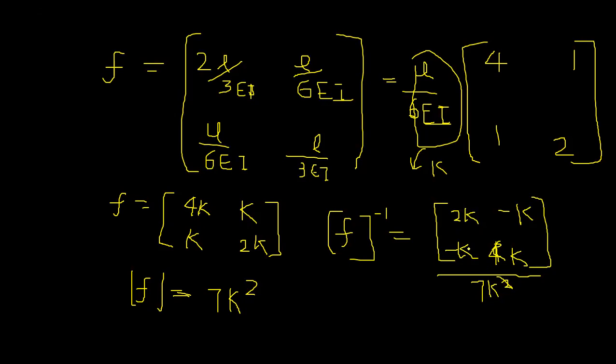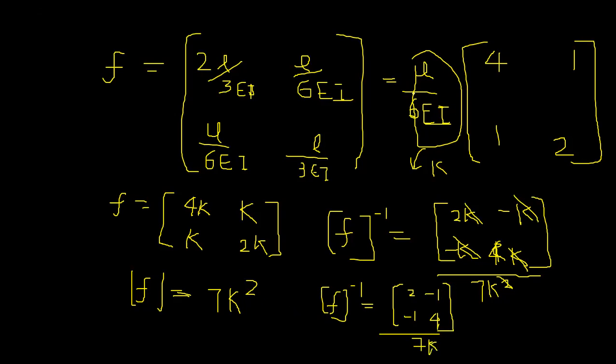So 1K is cancelled. F inverse becomes 2 minus 1 minus 1, 4 over 7K. So you can apply the K value.